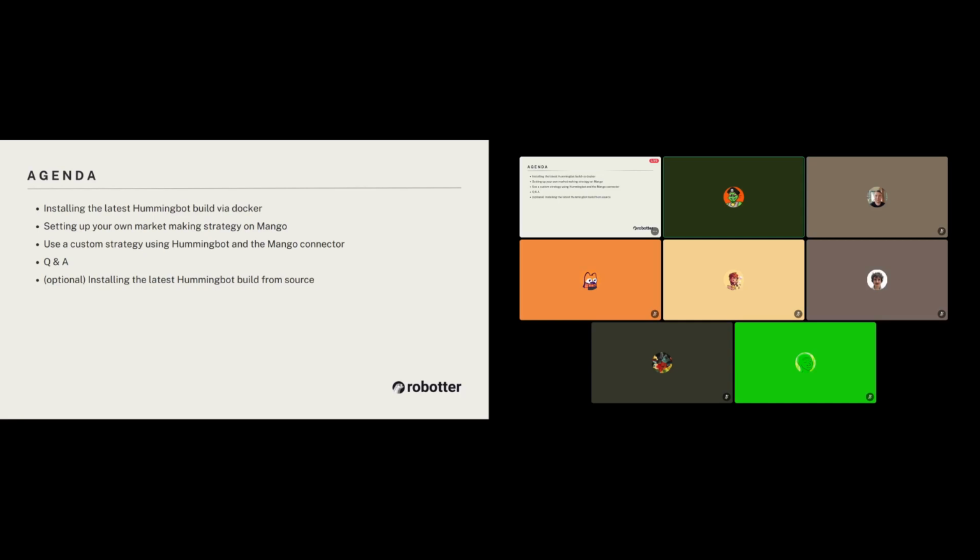Later on, after the workshop, we can also show you how to install Hummingbot from source if there's interest. But setting this aside, we will show you how you can set up your own market making strategy on Mango Markets using Hummingbot, and also how to do custom strategies. And after that, we'll do a Q&A, and we'll kick right off.